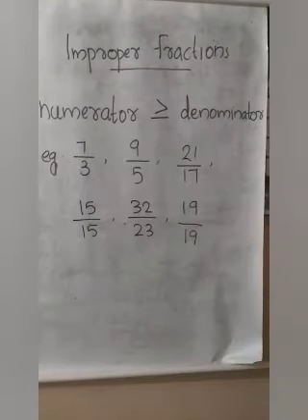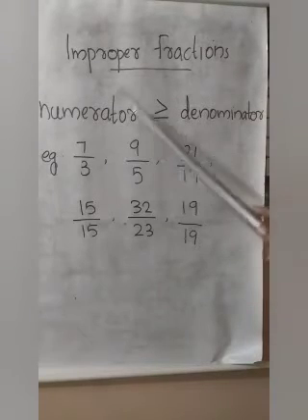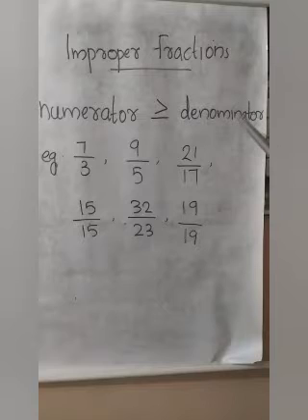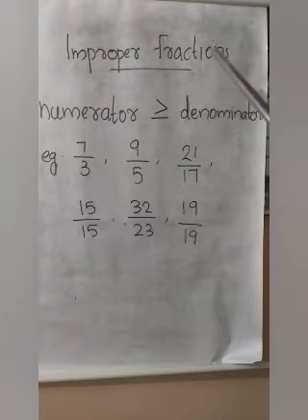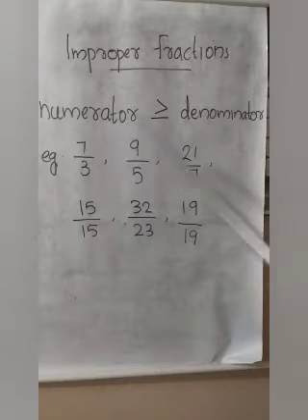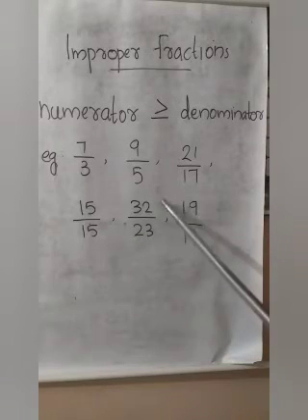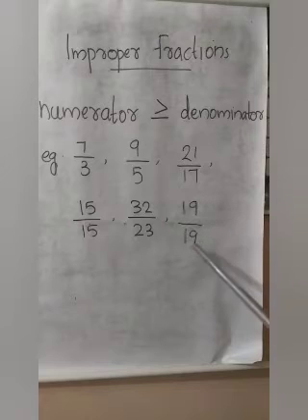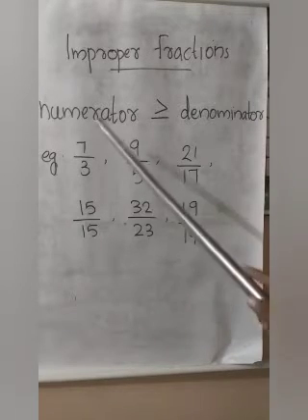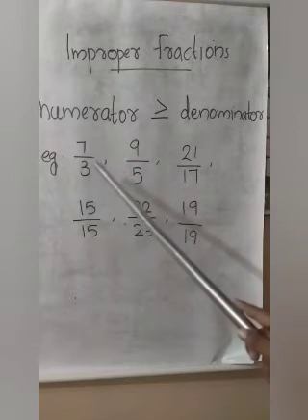Next one is improper fractions. What are improper fractions? When the numerator is greater than or equal to the denominator. So we can see some examples for improper fractions: 7 by 3, 9 by 5, 21 by 17, 15 by 15, 32 by 23, 19 by 19. When we look at the numerator and denominator, here 7 and 3, which is greater?